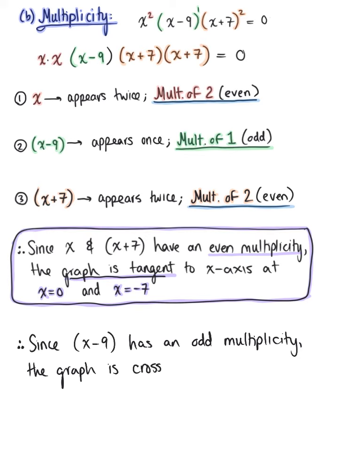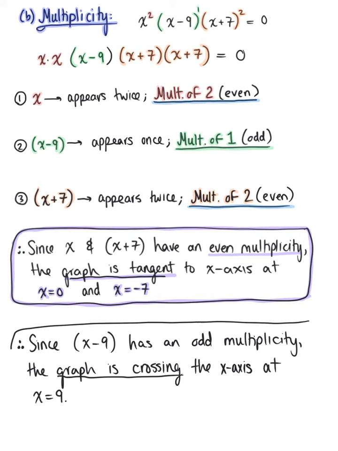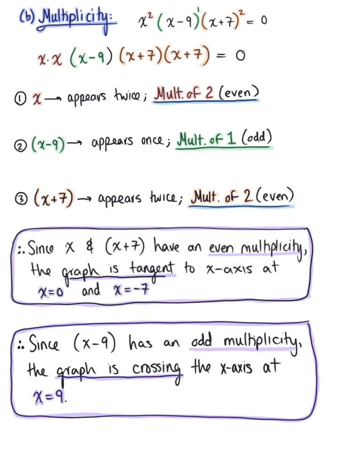So the graph is crossing the x-axis at the 0, x equals positive 9. So this is because this factor has an odd multiplicity, a multiplicity of 1. And so there you have it. This is our beautiful final answer.